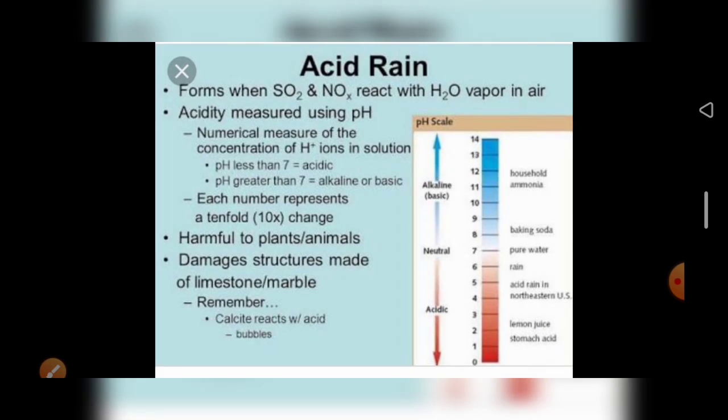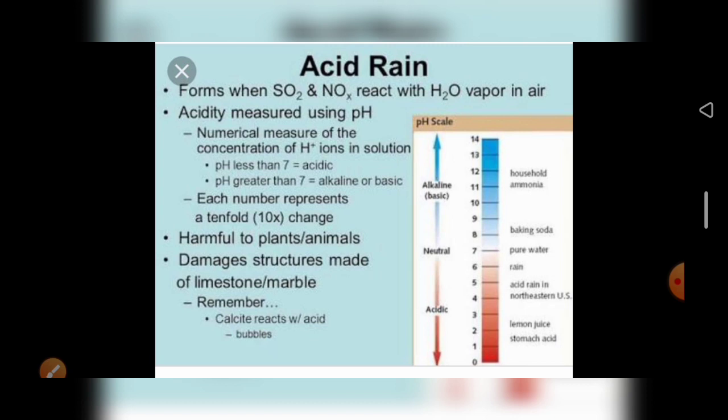Okay. See here, it forms when SO2 and NO2 react with H2O vapor in air. The pH numerically measures the concentration of H plus ions in a solution. pH less than 7 is acidic, greater than 7 is alkaline or basic.